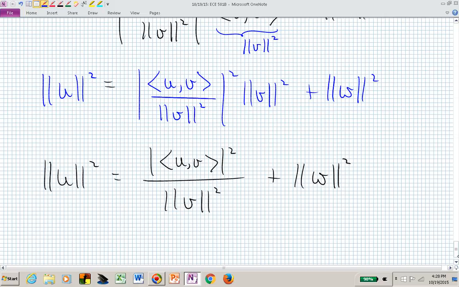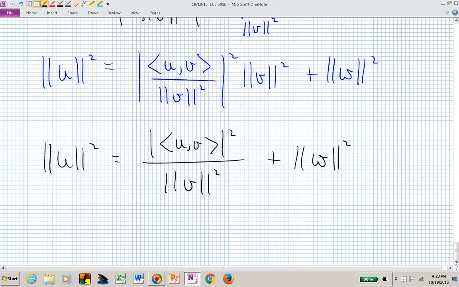Now we're going to basically throw something away, and introduce the inequality. What do we know about this piece in terms of its size or its properties? Do we see that this is just numbers? This is a number on the left equal to the sum of two numbers, but what do we know about that rightmost number, which is the norm of w squared? It's never negative, is it?